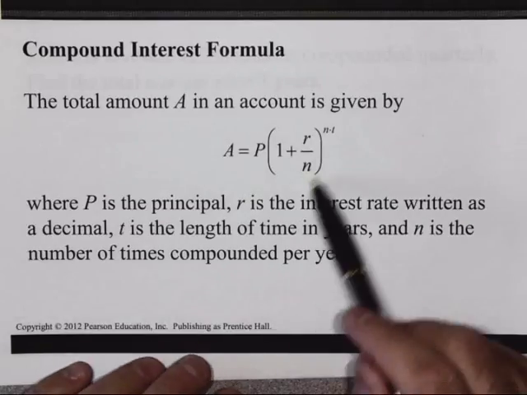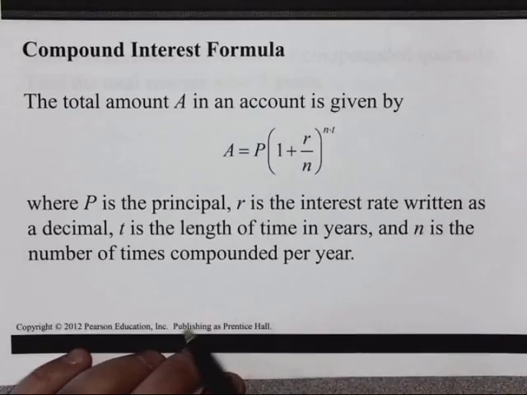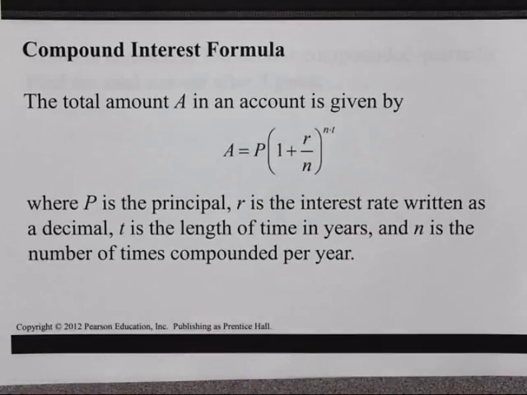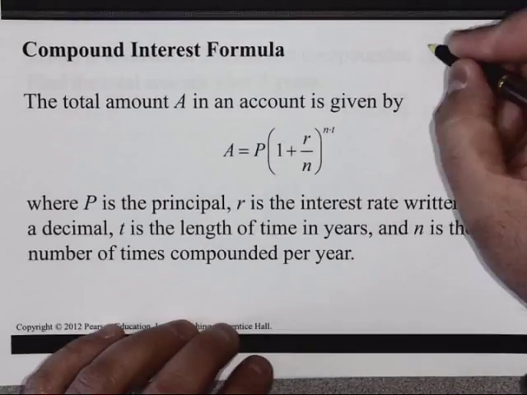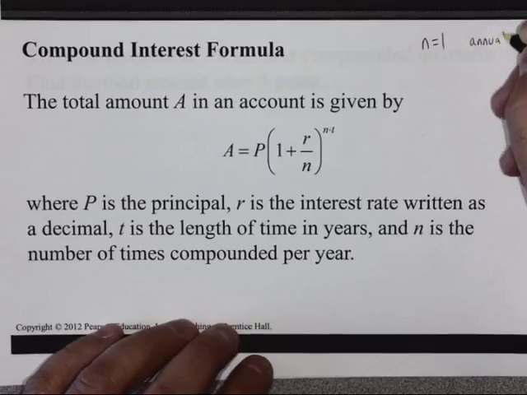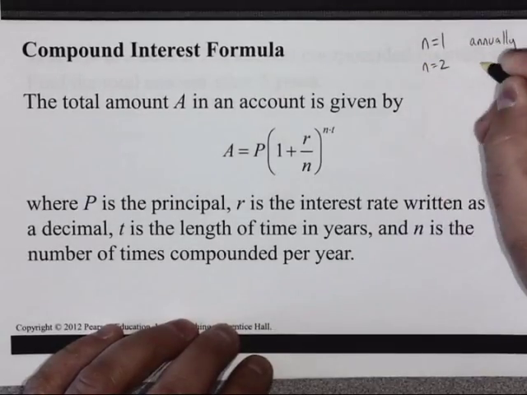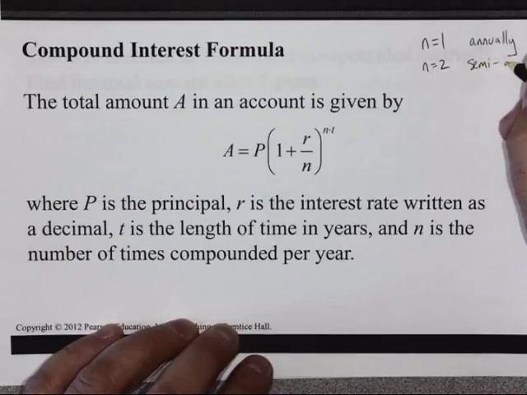So this formula is a little bit more complex. You've got P, which is the principal, R is the rate, N is the number of times that this interest is compounded. So it can be compounded a number of times. If N is 1, it's compounded annually. If N is equal to 2, it's semi-annually or twice a year.